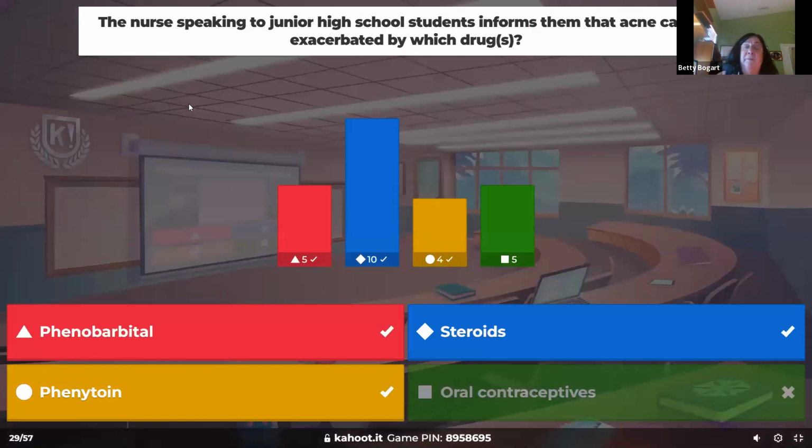They usually put them on oral contraceptives to get rid of it, believe it or not, because of the hormones. But phenobarbital and phenytoin, used for seizures, both of them can worsen it. Remember, phenytoin, Dilantin, also causes those big, thick gingivitis-type changes, but really bad acne. You can see 6-year-olds come in and you know that they're on phenytoin because they have acne, and you're like, yep, the kid's a seizure kid. And steroids are another thing that can cause acne.